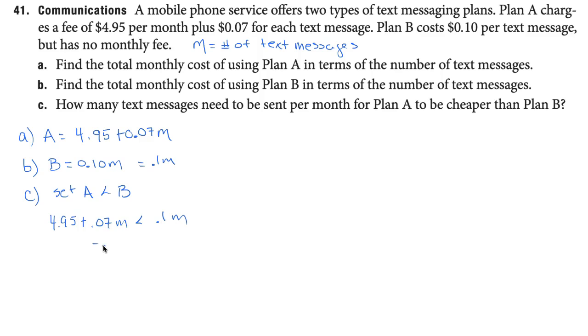I'm going to subtract 0.07 M from both sides because I want you to see a new way of doing this. So we get 4.95 is less than 0.10 minus 0.07, which is 0.03 M. Now we're going to divide both sides by 0.03.